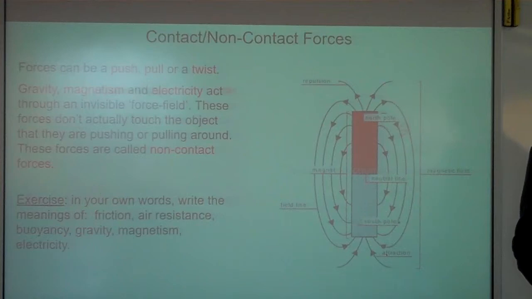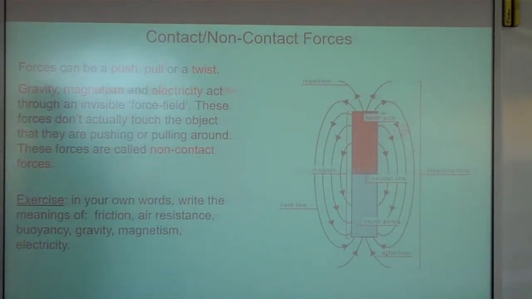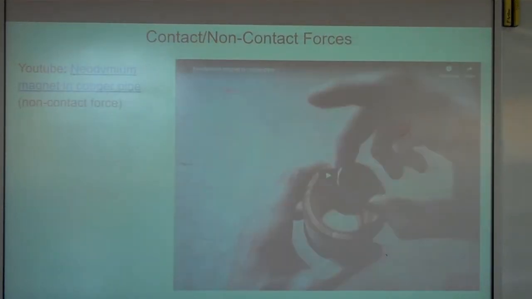So if you are very far from the Earth, even though you can still see the Earth, effectively you won't feel much gravitational attraction towards it. And if the Earth was to double in mass, then the gravitational force generated by the Earth would also increase. I don't think I had much for you to fill in on that page because we're not being tested on contact and non-contact. That's just magic.